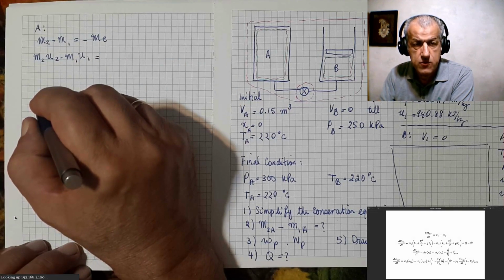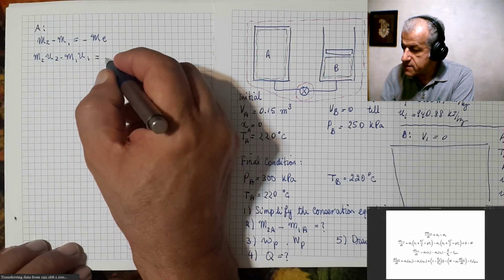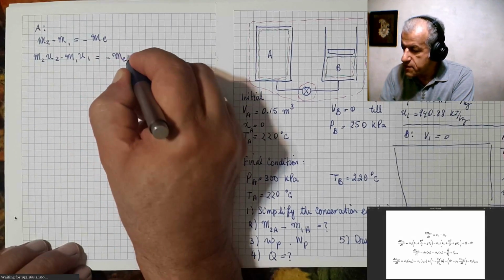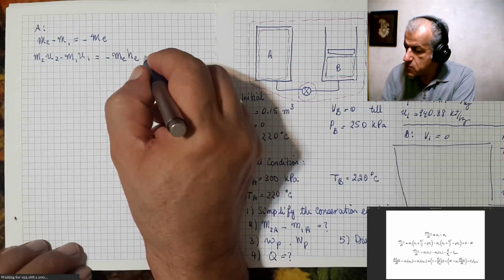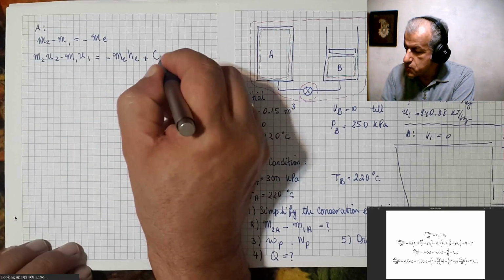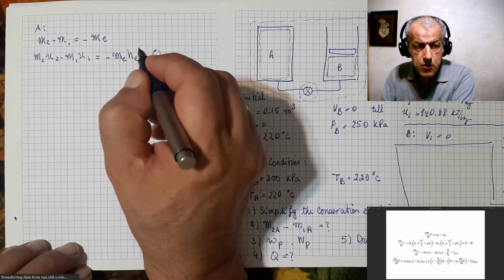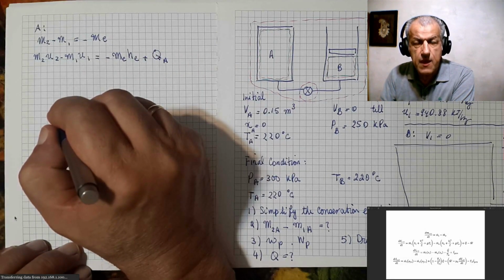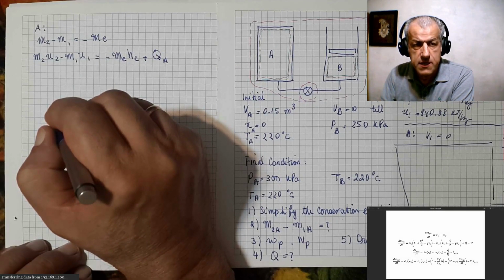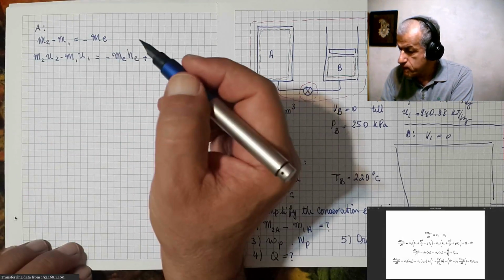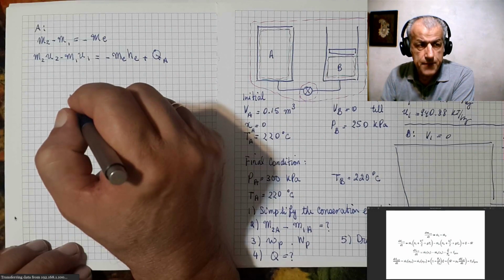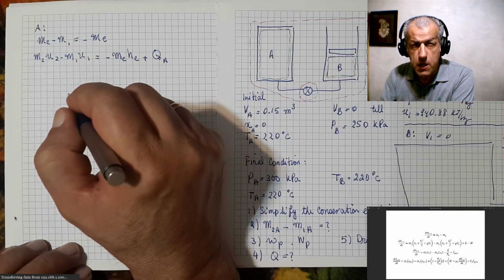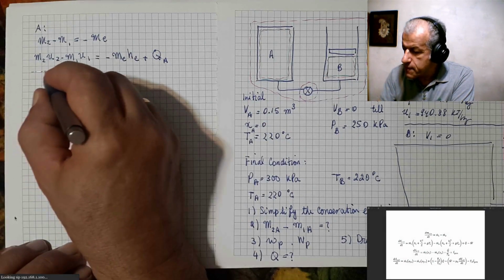No mass enters, so no energy enters, mass exits, so minus ME HE, and also there is heat transfer from A, so plus QA, and there is no work. A is a solid tank with solid boundaries, and there is no work through it. So these are the first two equations for A.